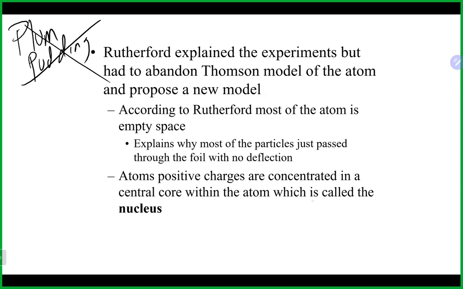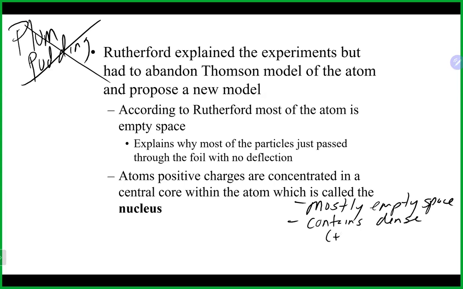And basically what they said was that the atom was mostly empty space. And again, that's what accounts for all those alpha particles not having any issues, just sailing right through. It also contains a very dense positive core, which was called the nucleus.